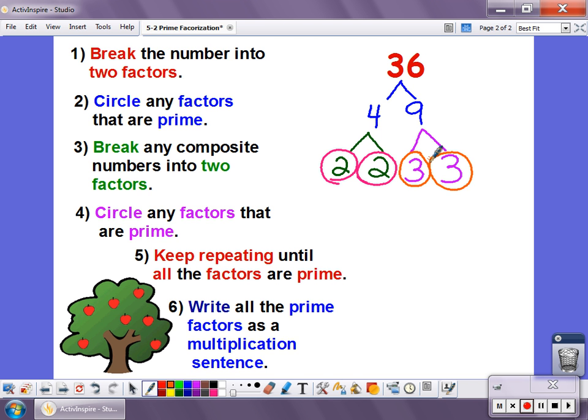And my very last step of all again is to write my multiplication sentence. So I've got 2 times 2 times 3 times 3. However many numbers I have down here should be equal to the number of circles I have. So again, 2 times 2 times 3 times 3. And that's the prime factorization of 36.